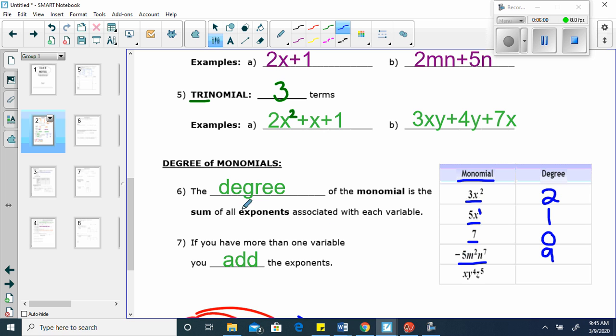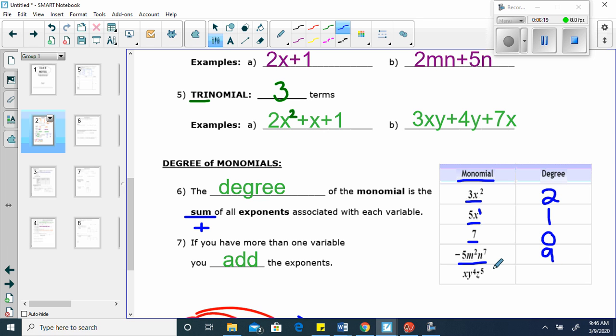Good. So the degree of the monomial is the sum of all the exponents. That means we add the exponents associated with each variable. This is one term, a monomial, so I'm going to do 7 plus 2. The degree of this term is 9.